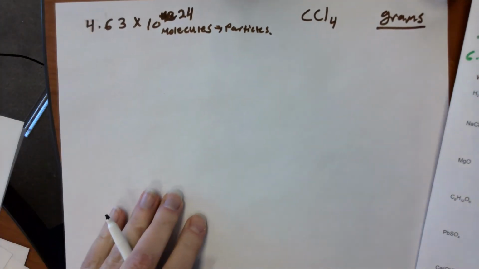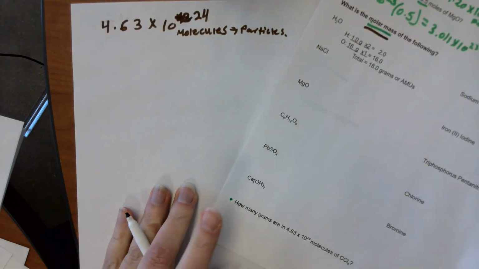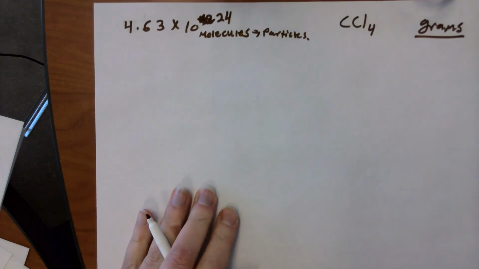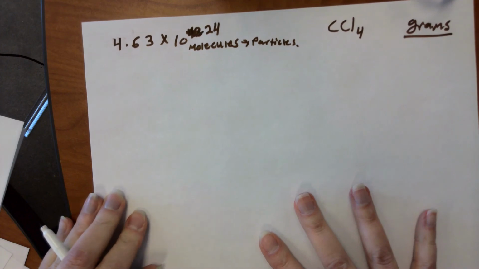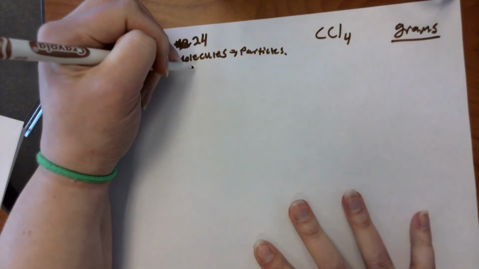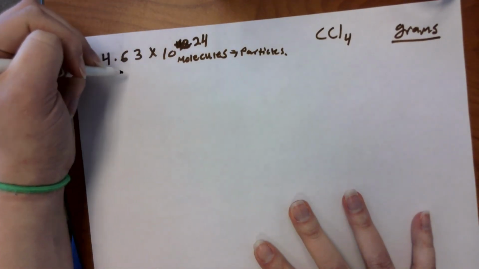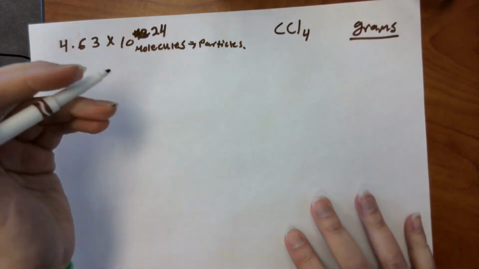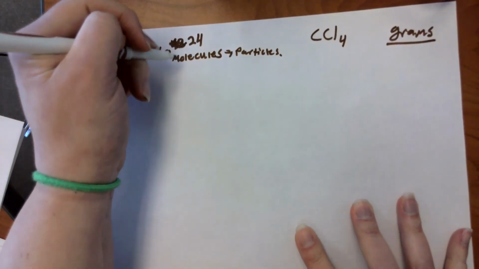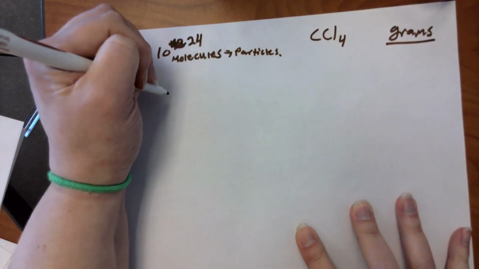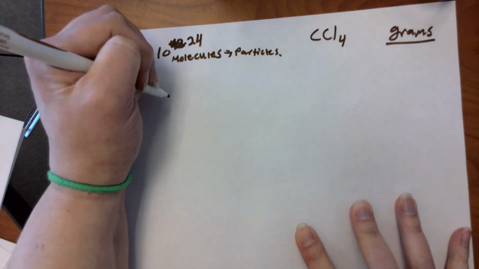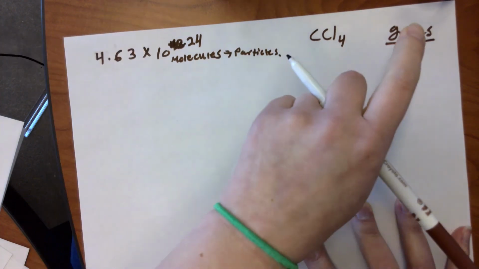Okay, so this one here is, the reason it's at the bottom is because it is a little bit of a challenge problem, where we need to take what we have in particles and change that into moles, and then transfer those moles into grams.